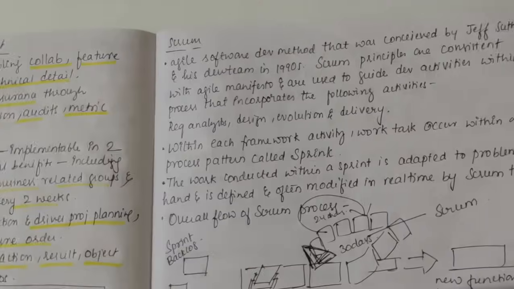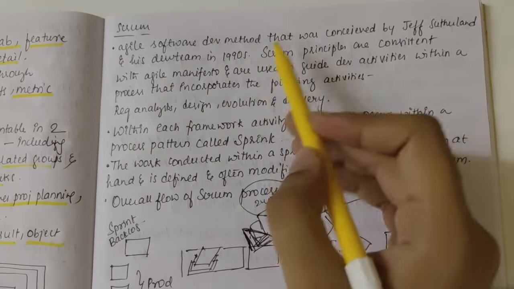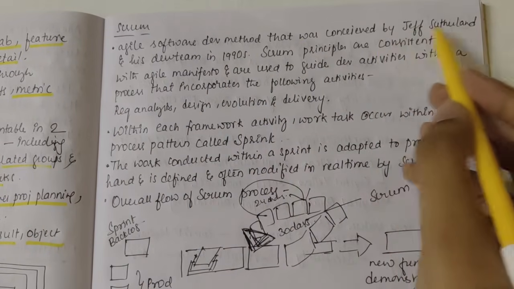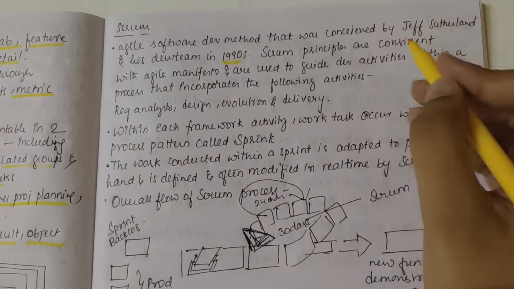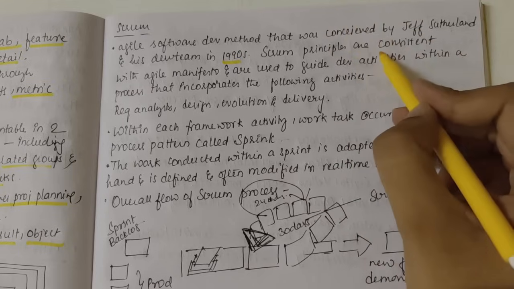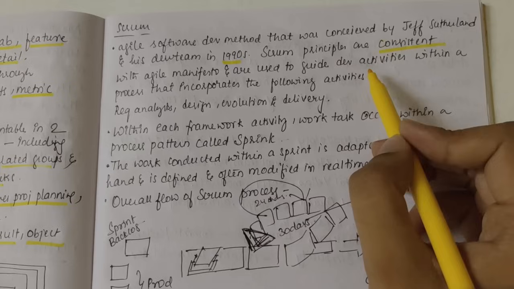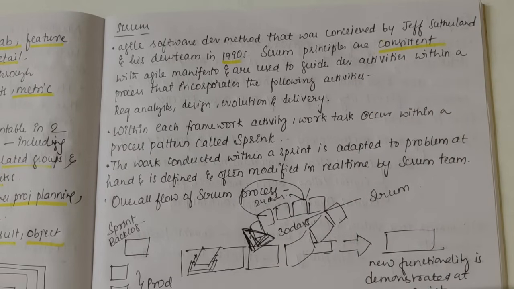Next we have Scrum. Scrum is an Agile software development method that was conceived by Jeff in the 1990s. Scrum principles are consistent with the Agile Manifesto and are used to guide development activities with a process that incorporates the following activities.